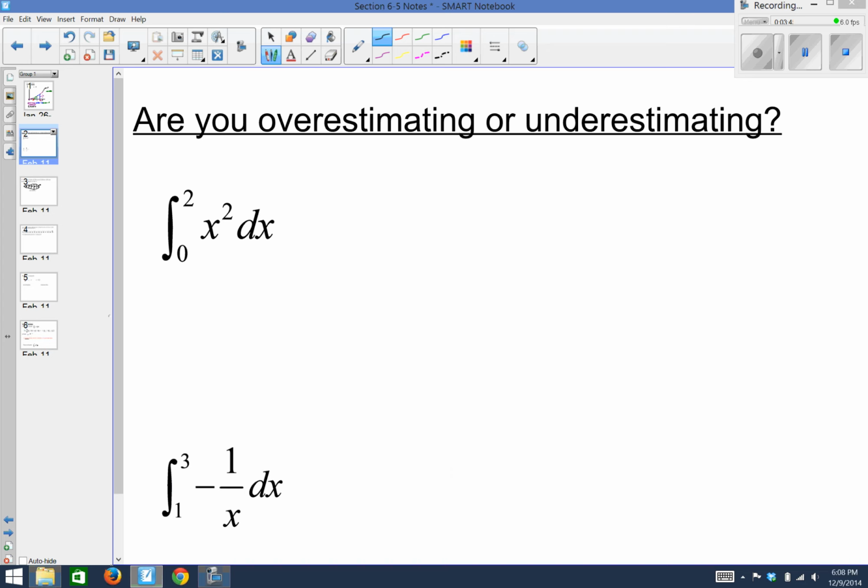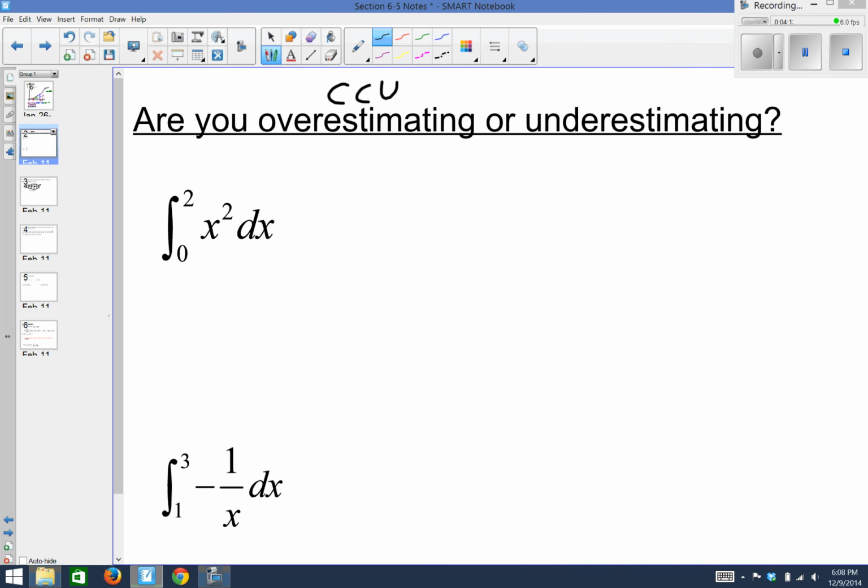Now, one of the things we can do with trapezoids is we can talk about overestimating or underestimating. And the way we look at this is we look at concavity. If between our limits of integration we are concave up, my fault, if it's concave up, we're going to be overestimating.